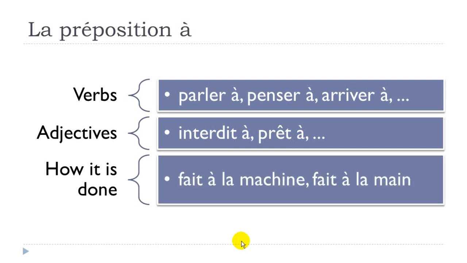Okay, so for instance, when you want to say that it's been machine done, or handmade, you use this fait. So faire is to do, okay, but then in that case it would be done, okay. Fait à la machine, fait à la main.